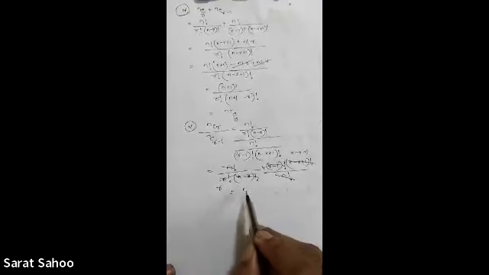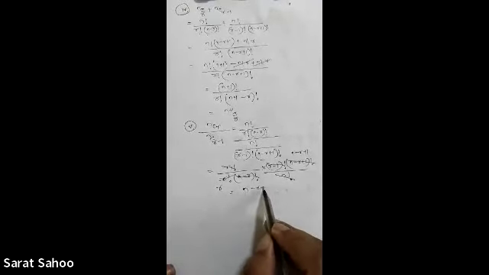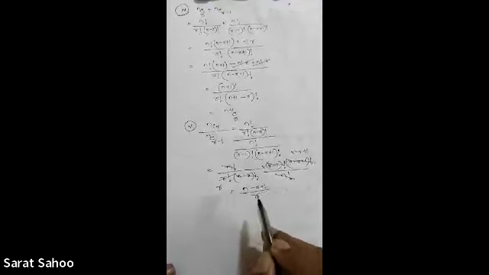This is equal to (n minus r plus 1) upon r. Clear?